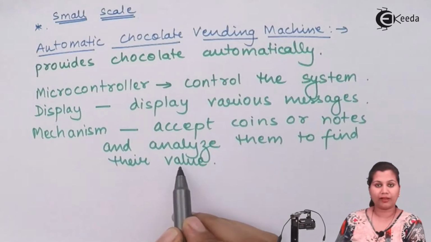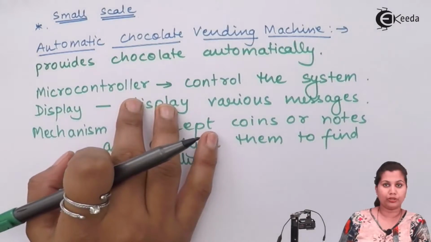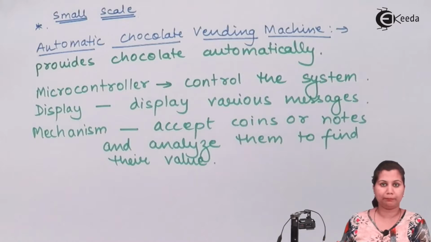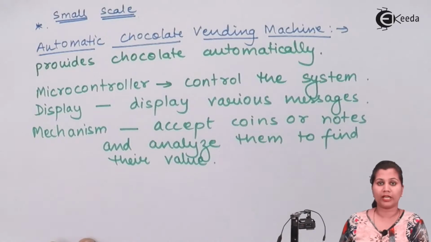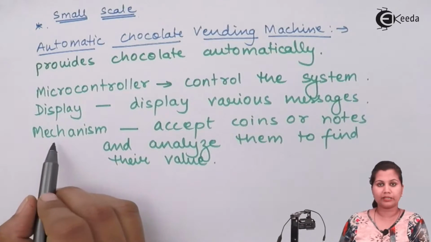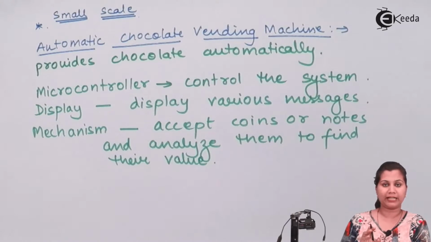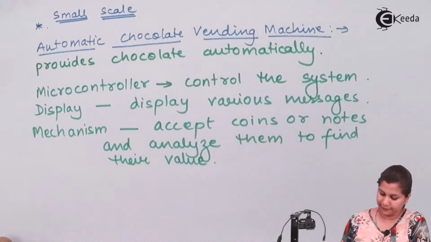Now, based on that value, the microcontroller decides how much money the customer has given and how much he actually has to pay. Suppose he has paid 50 rupees, but the chocolate is only 30 rupees. The system accepts that money, finds that he has given 50 rupees, and decides how much amount has to be returned.